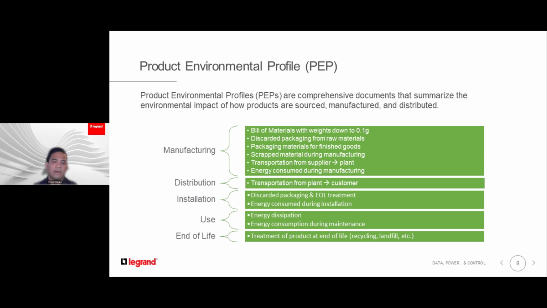For instance, we have bill of materials, we have energy consumed during manufacturing, energy dissipation while in use, and also a material composition of each of those components as well.